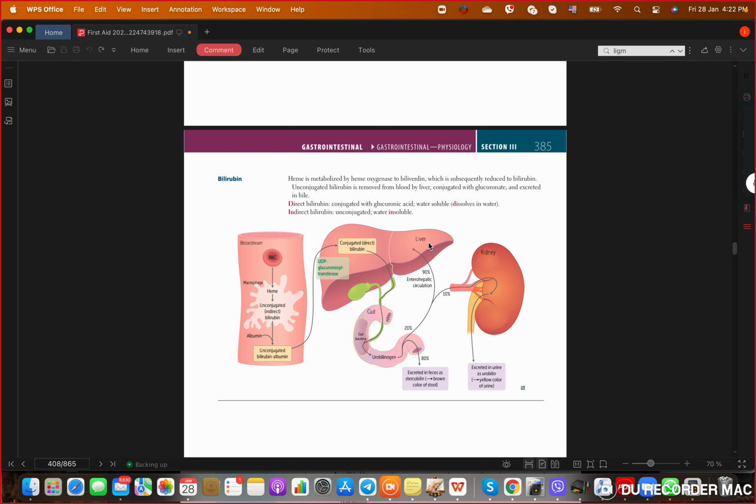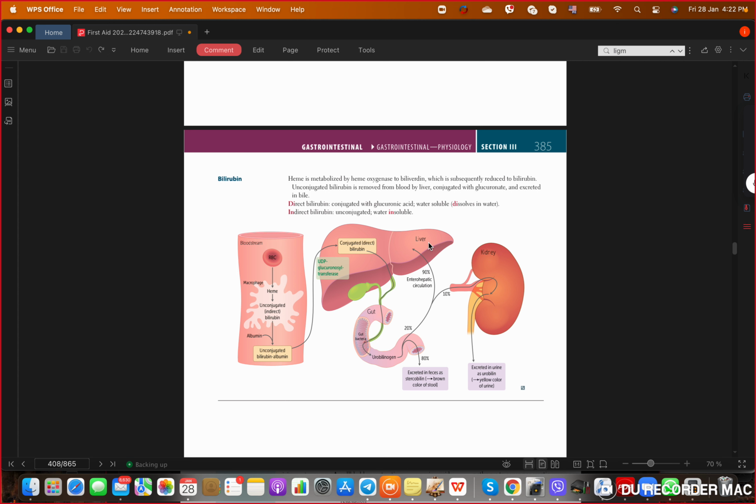So, globin is what? Protein. Protein is made out of what? Amino acids. Okay, good. So when we destroy the RBCs, we can take the globin, make amino acids from it, and use it for something else.